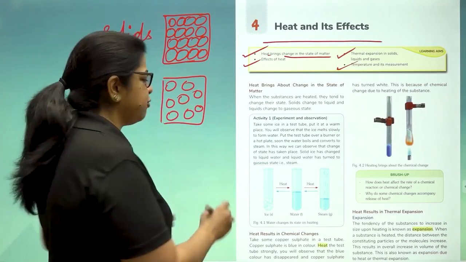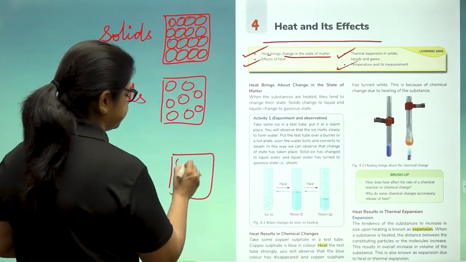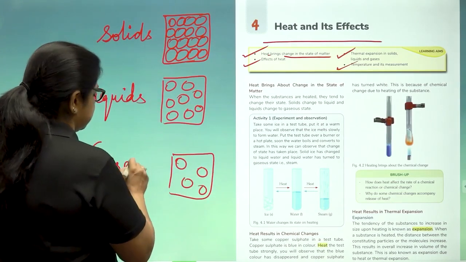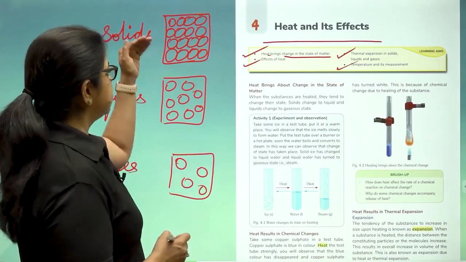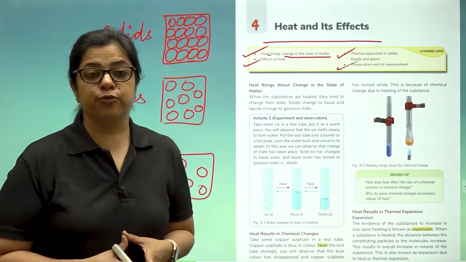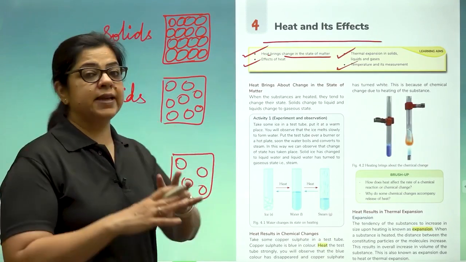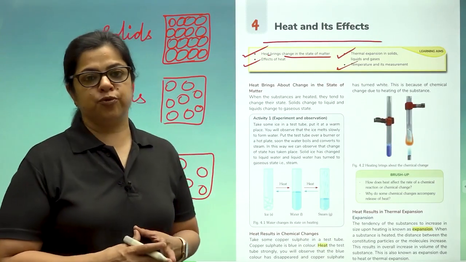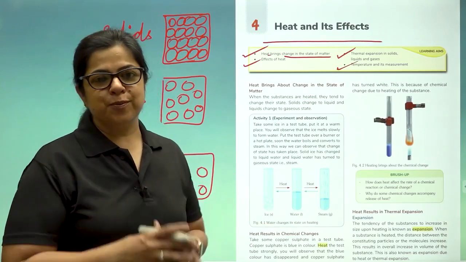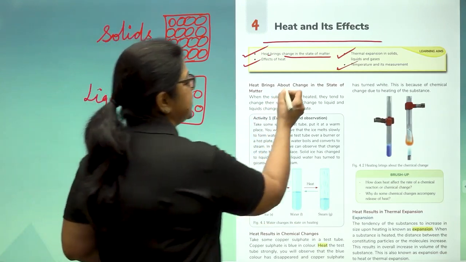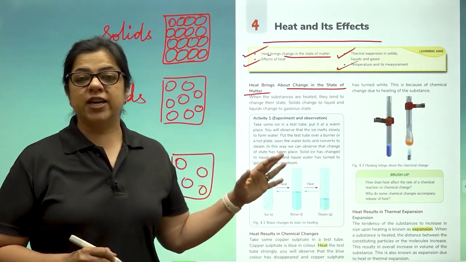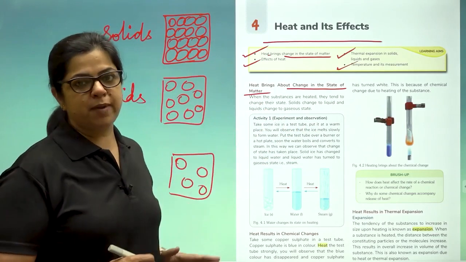The third state of matter that we have learned is gases. So as we can see, in solids, the molecules are very closely packed. There is no scope of movement. In liquids, there is a lot of scope for movement, and in gases, there is a lot of scope of movement. So the first thing we need to understand is that heating brings a change in the states of matter.